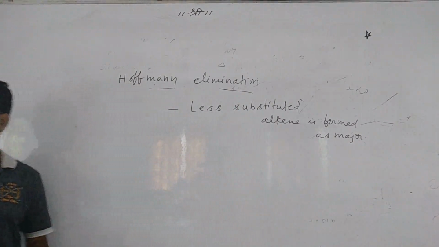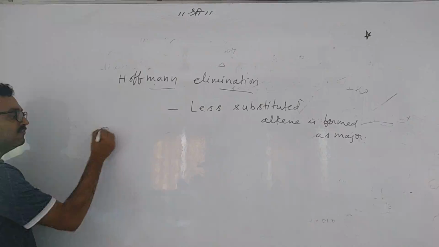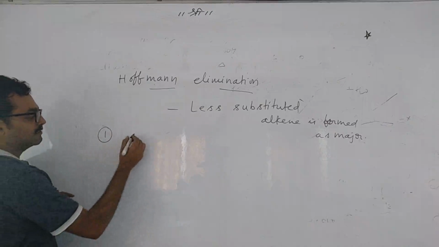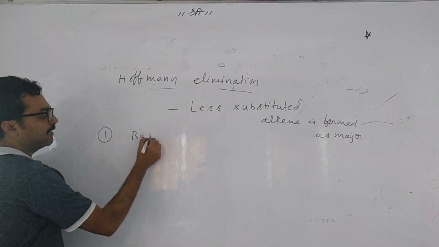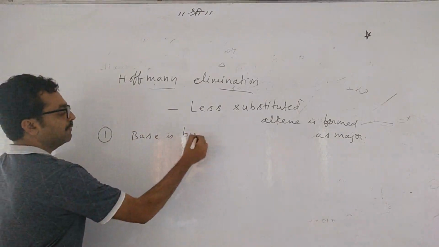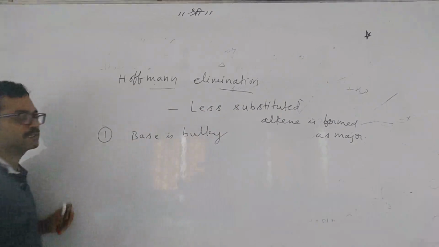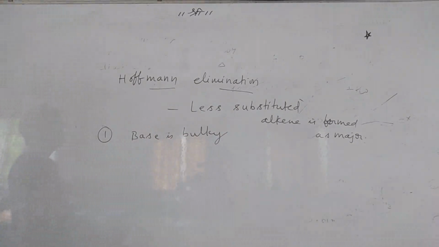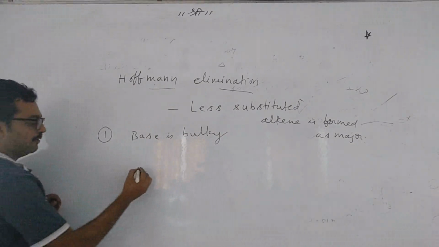That will take place in 4 cases. What is the first case? If the base is bulky, a very big base you have taken. If the base is bulky, means what?